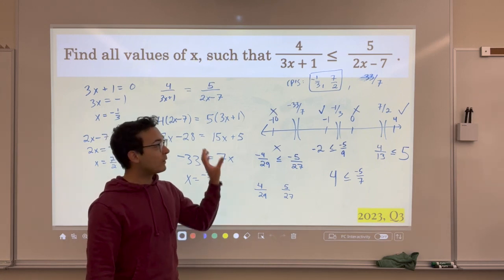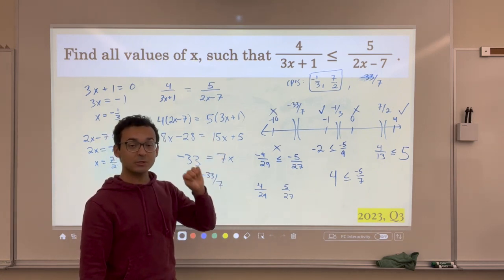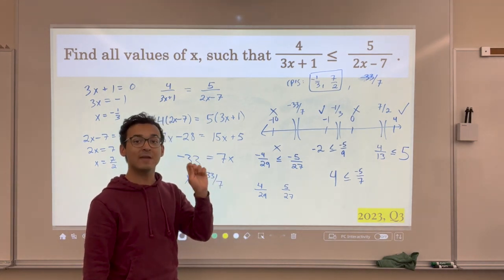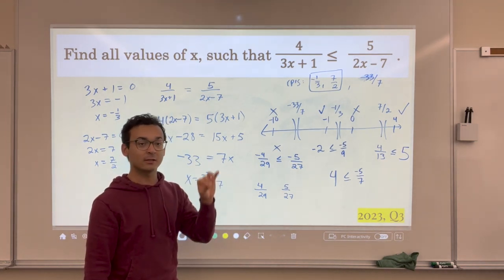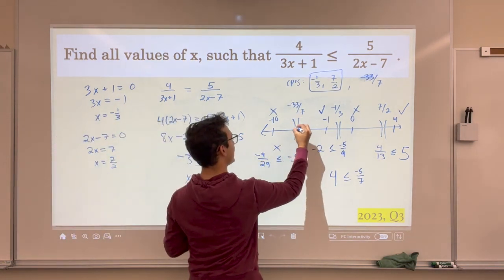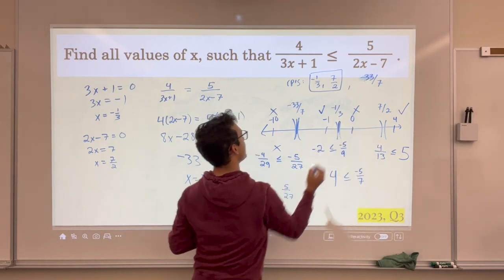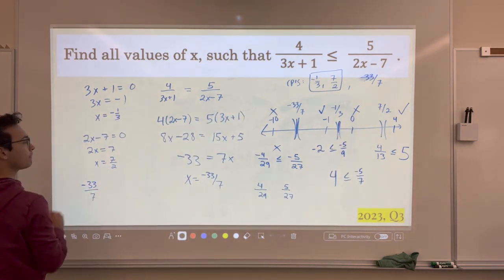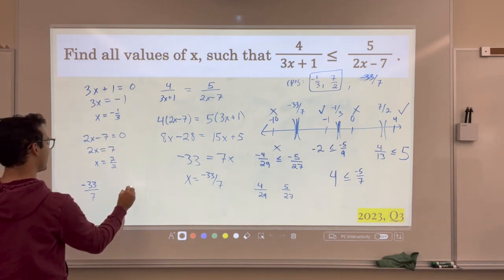Okay, so we have all of the information we need. We just need to be very careful which numbers we include and which numbers we exclude from our final answer. So we're saying that this interval is valid here, from here to here. So that would be from negative 33 over 7 to negative 1/3.